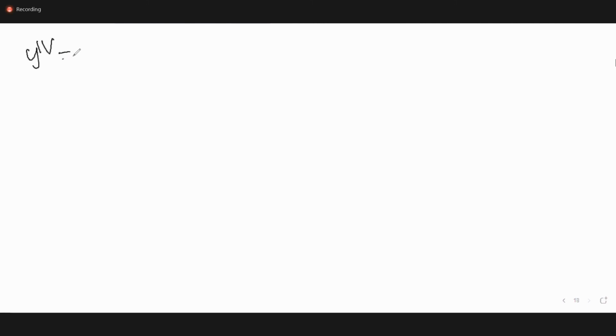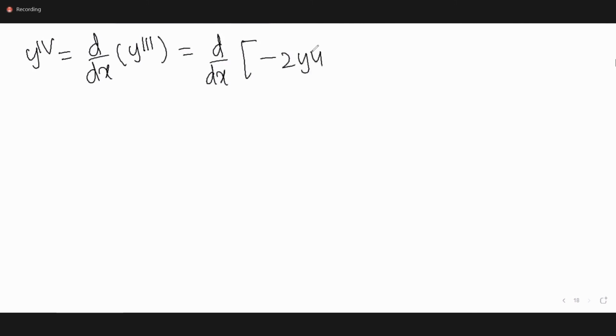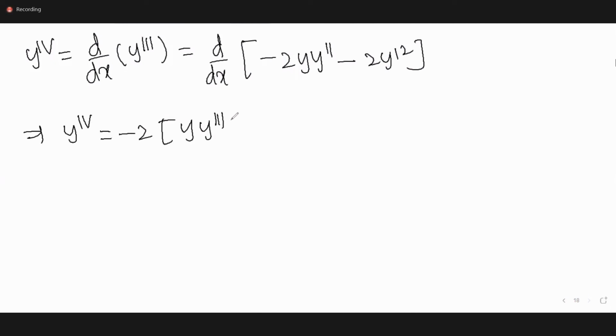y fourth is equal to d by dx of y triple dash. So d by dx of y triple dash, minus 2 into y double dash minus 2 y dash square. So y fourth derivative is equal to minus 2 into y triple dash plus y dash y double dash minus 2 into y dash into y double dash.